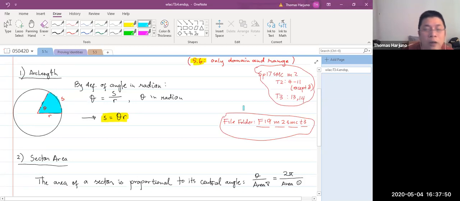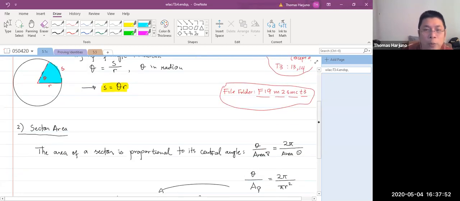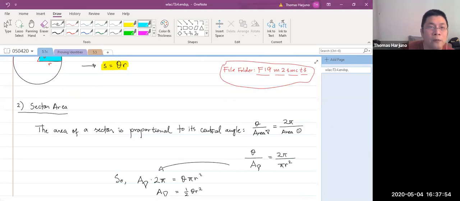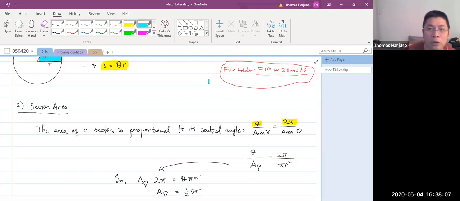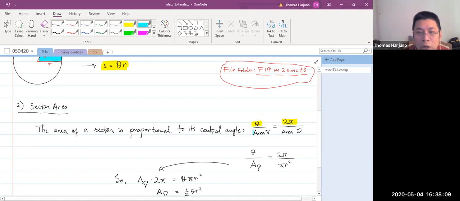Now, the area of that sector is proportional to the central angle. So the central angle theta, we will compare that with the whole circle, whose angle is 2 pi in radian, such that using that proportion to the area of the sector that you are looking for to the area of the circle.